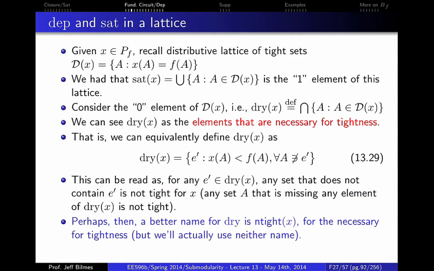So maybe rather than calling it dry, which is sort of a silly name, a better name might be N-tight or something, necessary for tightness. It sounds like the name of a soul band from the 1970s. N-tight. Have you heard N-tight? They're great. Actually, no, you'd need an apostrophe, in' tight.